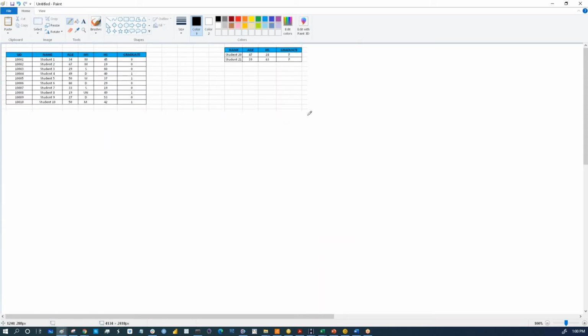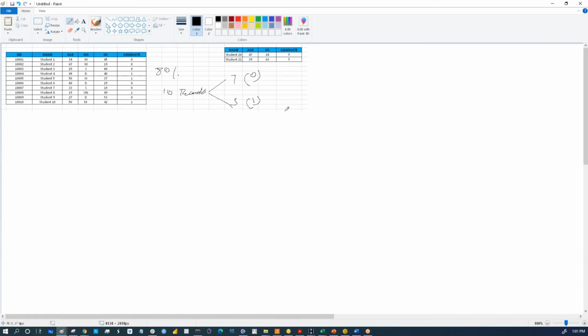We have 1, 2, 3, 4, 5, 6, 7, 8, 9, 10. Let's assume this is the 80%, and we have 10 records. Can you tell me how many zeros and how many ones we have? 7 zeros and 3 ones.